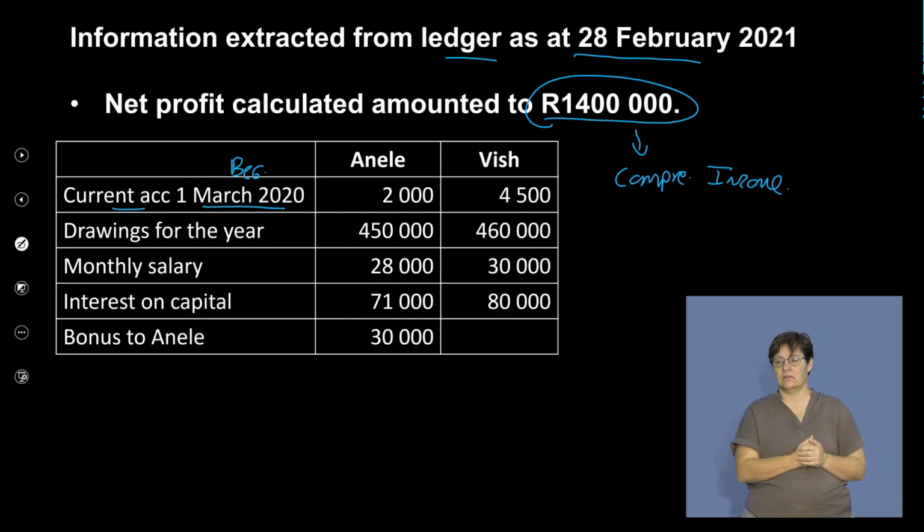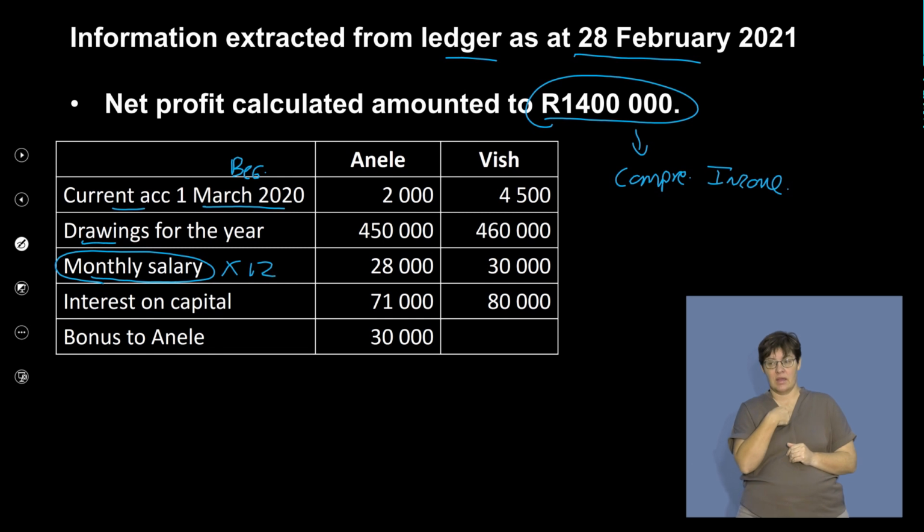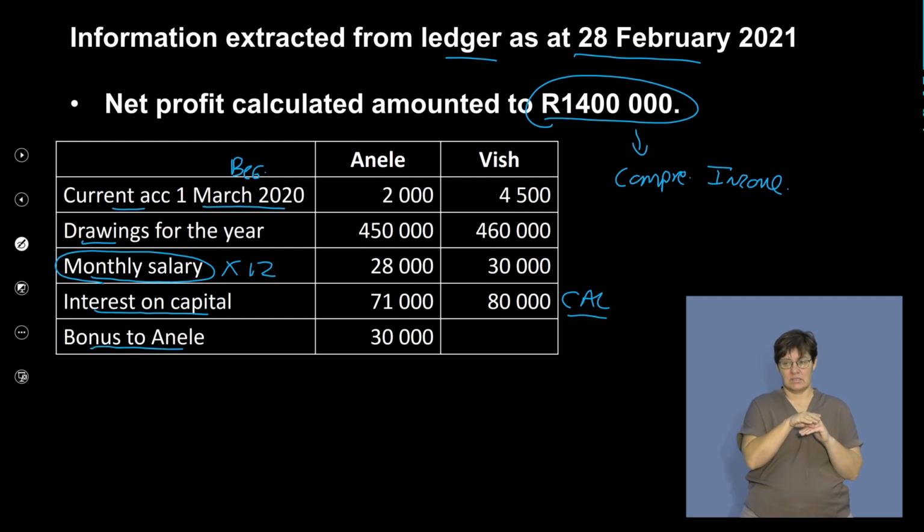They've also given me drawings for the year for both partners, and their monthly salary. Immediately, for monthly salary, I'm going to remind myself I have to multiply this by 12 because I want their annual salary. Interest on capital is already given to me, so I don't have to calculate it. Remember, normally this would require a bit of calculation. And then there is a bonus that is given to Anele.